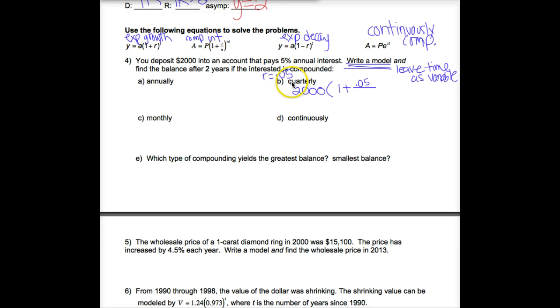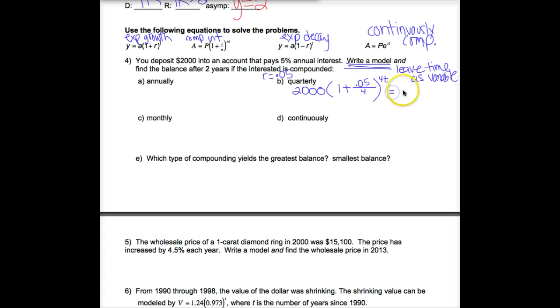But N is the number of times compounded. So quarterly means 4 times a year, so this is 4. Raised to the, again, on a model, you leave time as a variable. So don't plug in 2 for t in the time. So N is 4, so 4t.